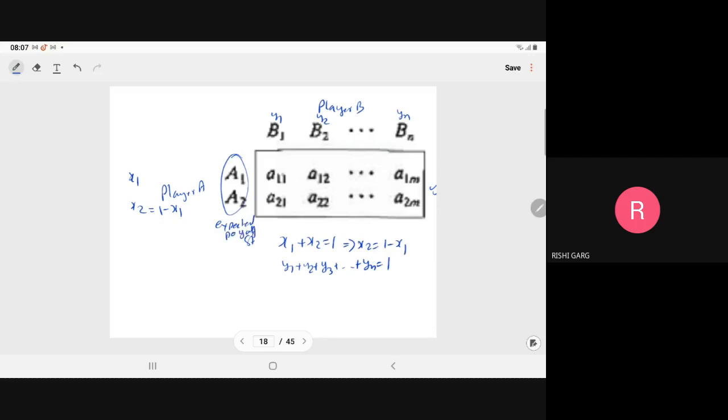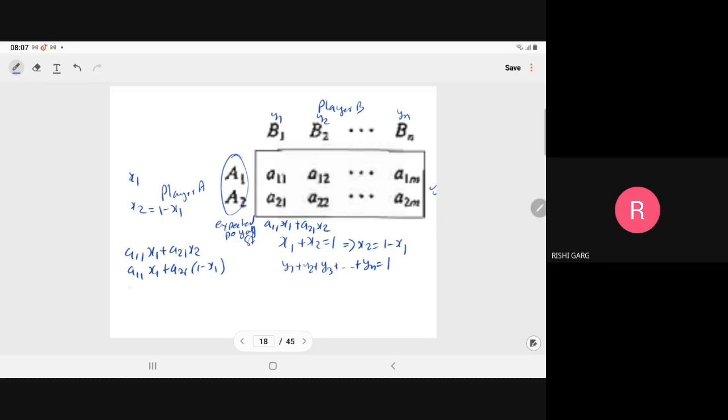The expected payoff will become a11 into x1 plus a21 into x2. Since x2 is 1 minus x1, it becomes a11 x1 plus a21 (1 minus x1).